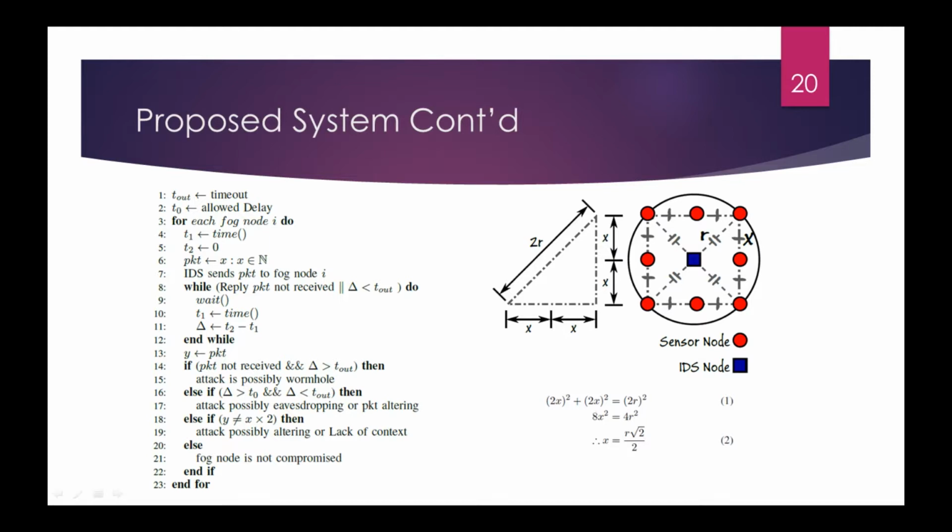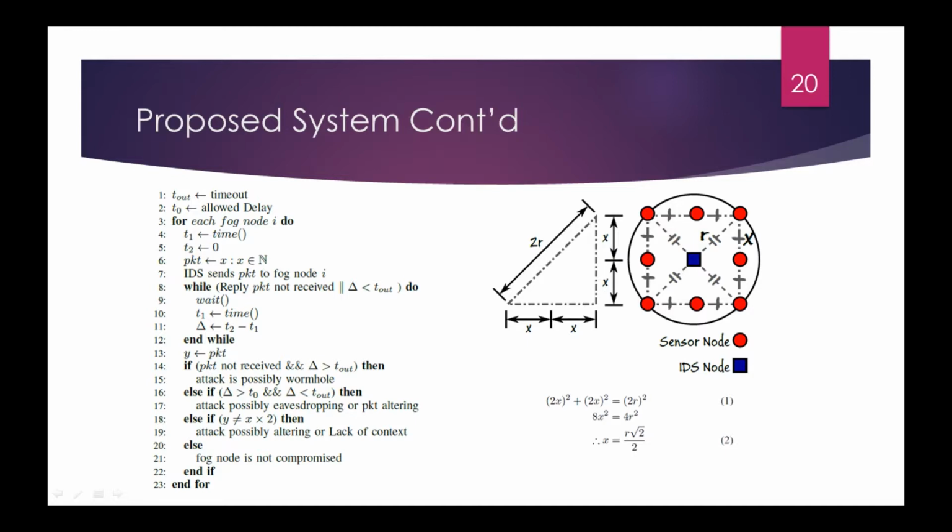Then it waits for a reply from each node, and it calculates the round trip time. Based on the round trip time, the node can now check. The IDS node will now obtain Y from the received packet, and then it can check if the IDS packet is null, that is, if the IDS packet is not received and we have reached timeout, then it's possibly a wormhole attack.